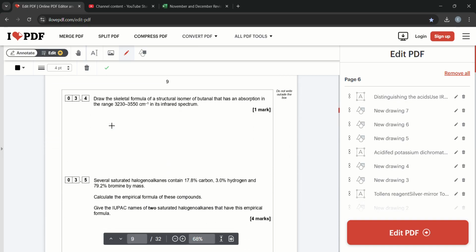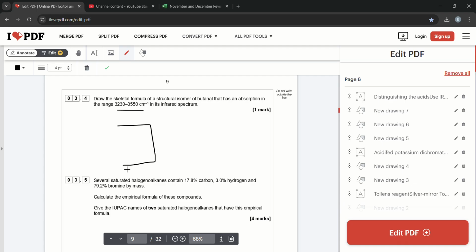And then 3.4, just skeletal formula of butanal that has absorption in this range of this infrared spectrum. Well, that's going to be an alcohol, OH. Skeletal formula, well, there's loads of alternatives.